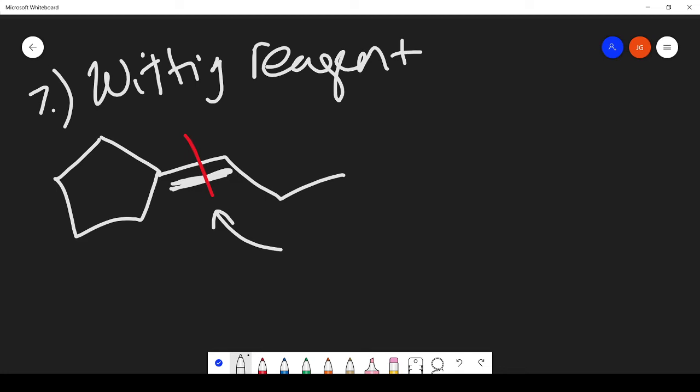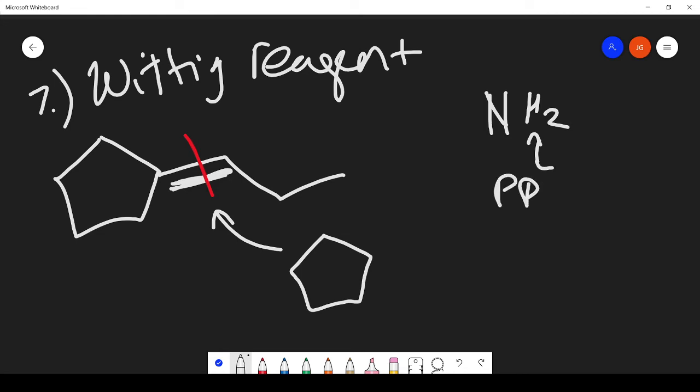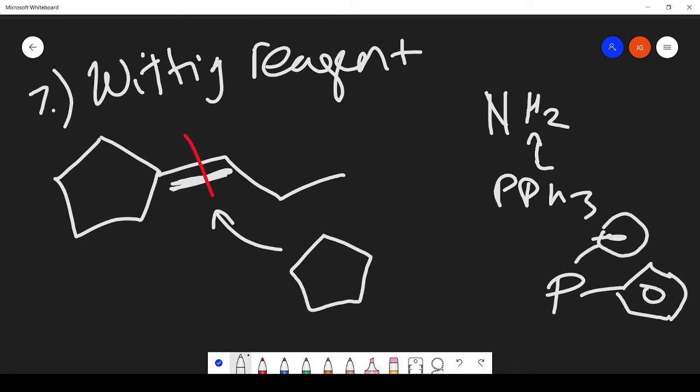The only difference is really going to be that instead of NH2, we're going to have PPh3. So phosphorus with 3 phenyls. You get the picture. 3 phenyls.